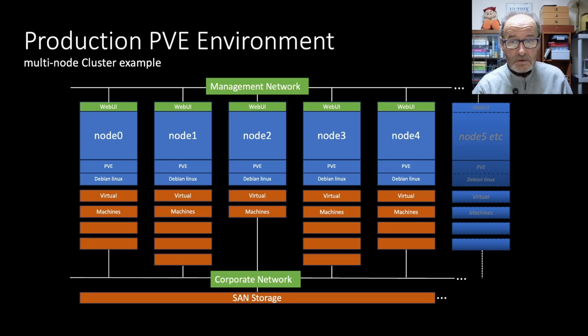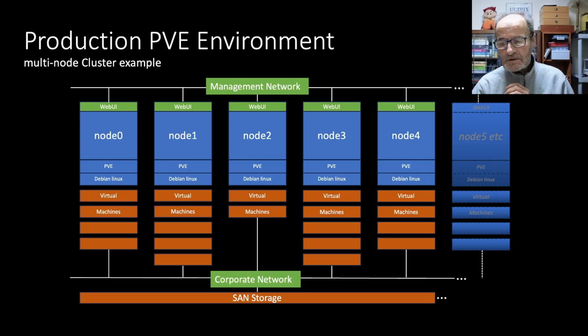We don't have to install Debian Linux and then install Proxmox on top of it, although you can do that, I would not recommend it. All we need to do is install Proxmox virtual environment and then join it to the cluster, and that's it. It's now a member of the cluster. We can start moving virtual machines across to that new node or creating new virtual machines.